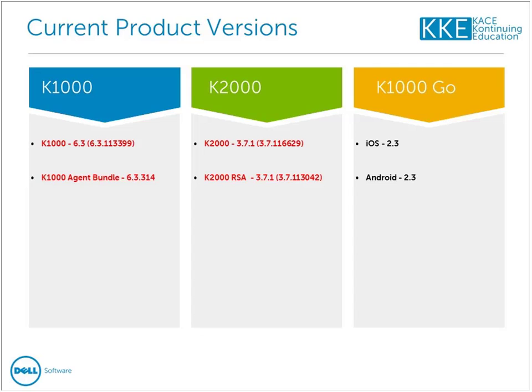Okay, so if we say something is there and you go to your K1 or K2 and it's not there, then you probably aren't updated to the very latest version. Okay, note that the ones that are in red are recent additions, recent new versions. Okay, so I want you to, after we're done today, go check out, read the release notes always. Always read the release notes before you upgrade. But check those out and get upgraded to the latest and greatest versions.